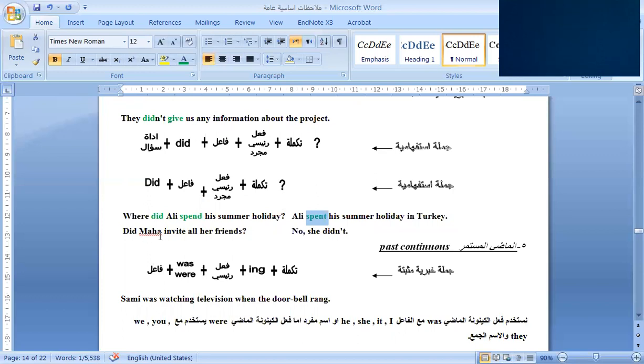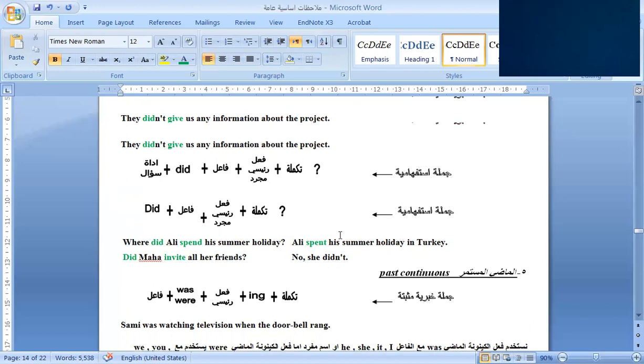Did Maha invite all her friends? Did أيضا هنا مستعارة، وinvite الفعل مجرد بسبب وجود did. Did Mona invite all her friends? No, she didn't. نفس الفعل المساعد اللي داخل الجملة نستخدمه بالإجابة, sorry. وإذا كان الجواب طبعا yes, so: yes, she did, without the negative form.